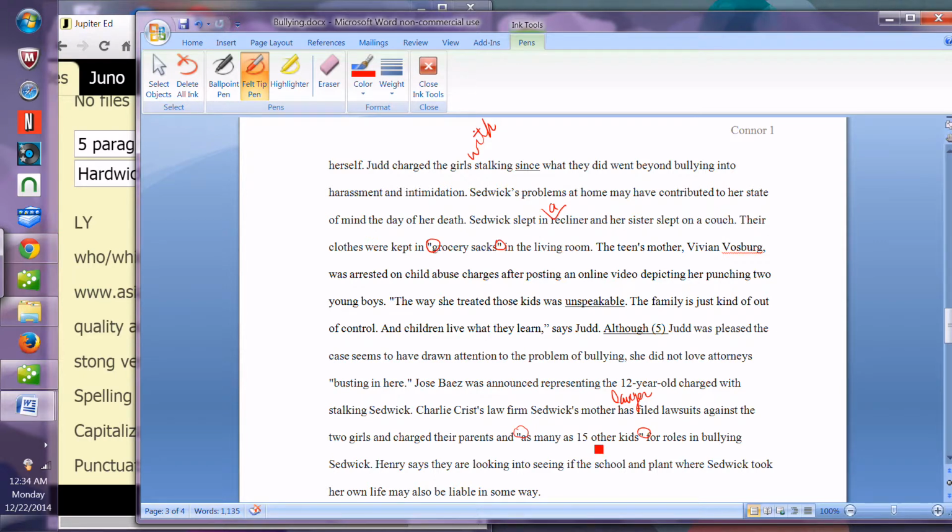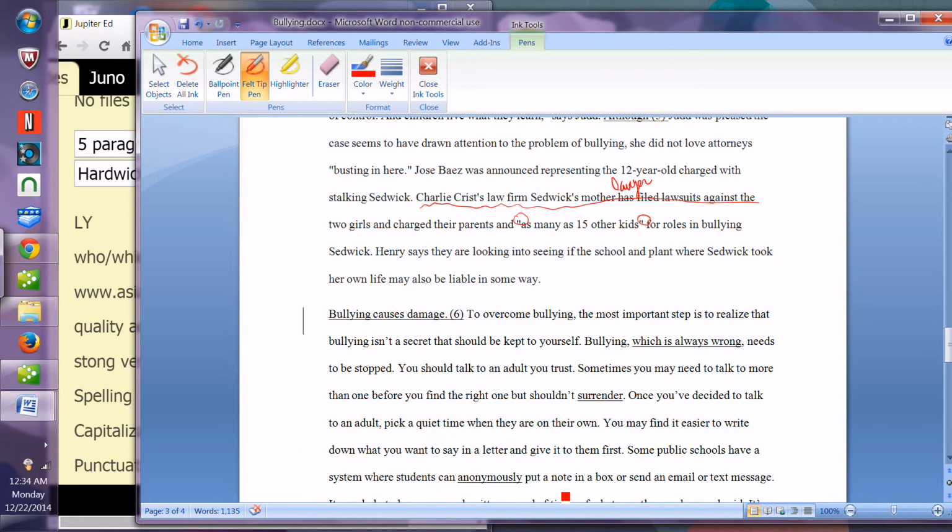You can give it a try now if you want to, or just paraphrase it, and we'll worry about how to do quotes in the body text of an essay later. But this just doesn't make any sense to me. Against the two girls, Charlie Chris law firm, Sedgwick's mother. Not sure where you're going with that. So get that kind of cleaned up.